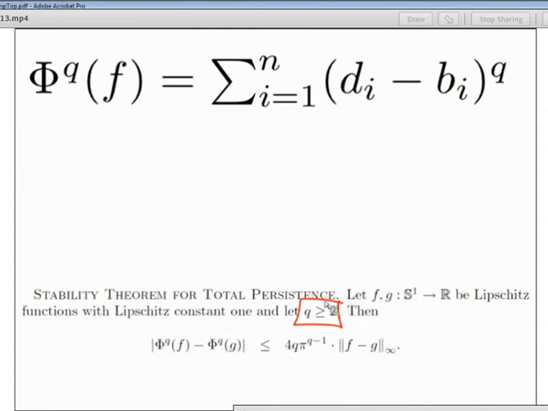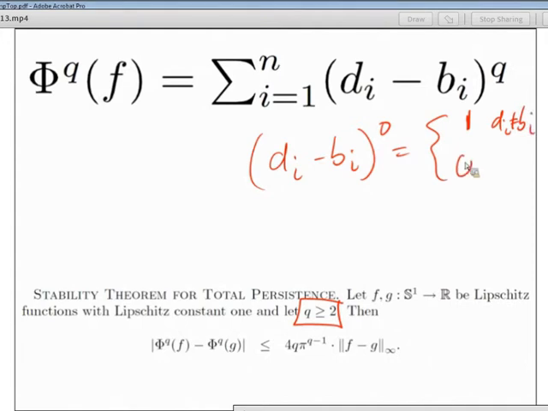So for Q equals 0, for example, my DI minus BI to the 0 will either equal 1 if DI does not equal BI, and it'll be 0 if DI equals BI, or if I don't have any DI equals BI, I might not have a sum whatsoever.